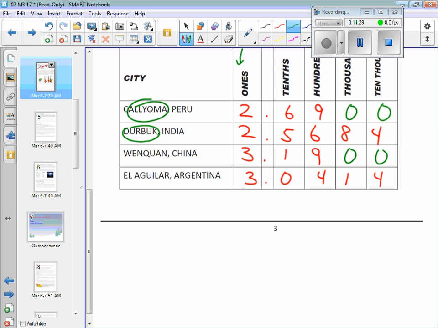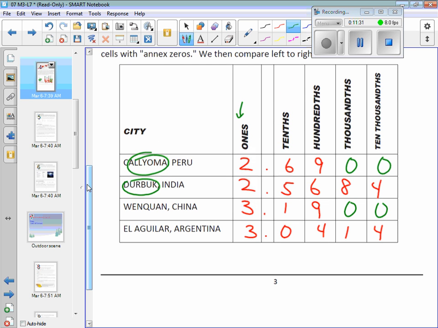Since they're both 2, I now have to look at the next place value to the right. And I'm now looking at 6 and 5. Which is lower? 5. That now makes Durbach my lowest city. Watch what I do. I list it here, and I cross it out because I don't need to look at that again. I kind of just take it out of my thinking because it's done.